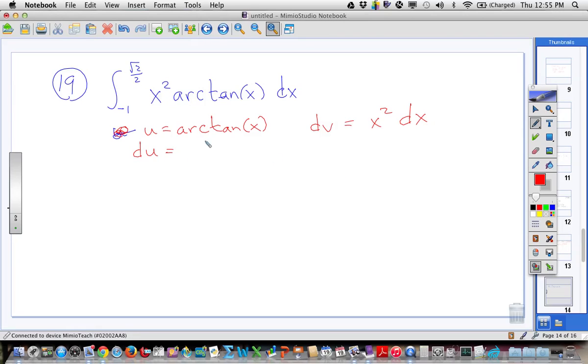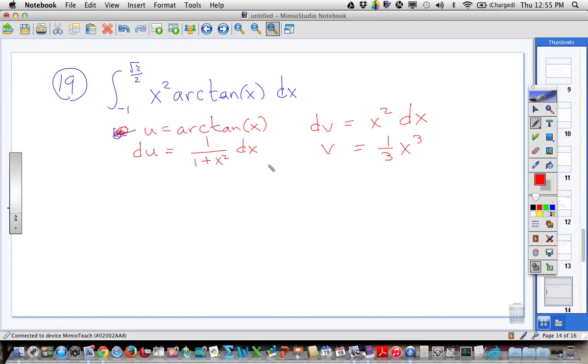The du would be 1 over 1 plus x squared dx. What's the antiderivative of x squared? 1/3 x cubed, like so. Okay? All right. Now, we put it together with our formula.